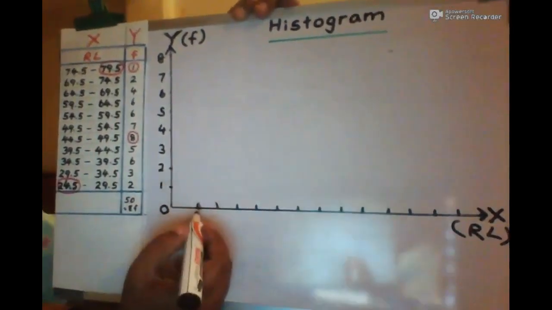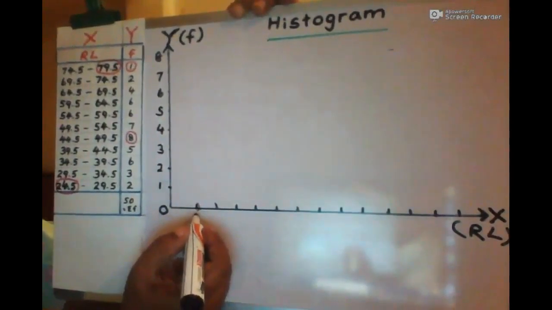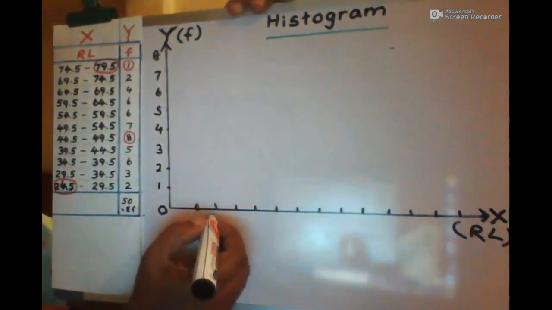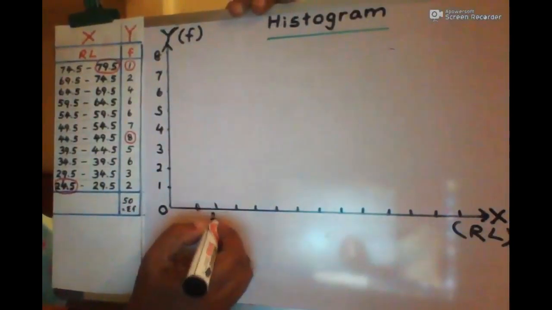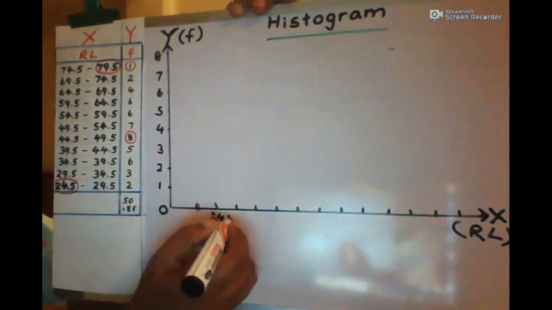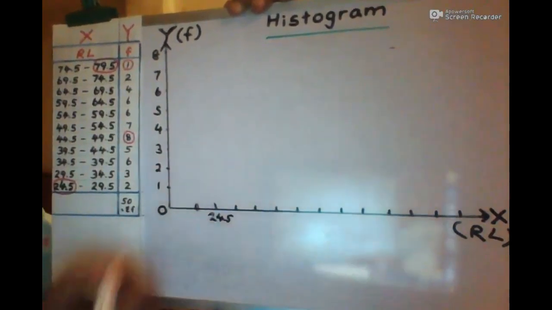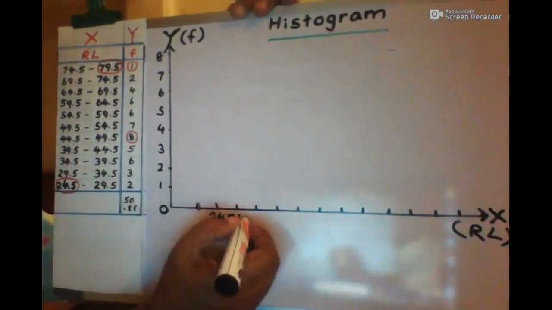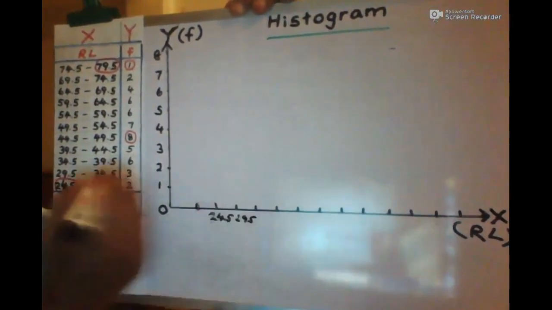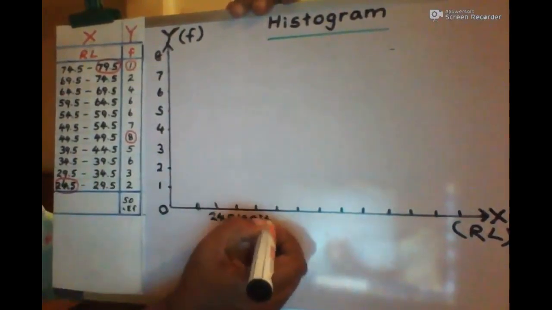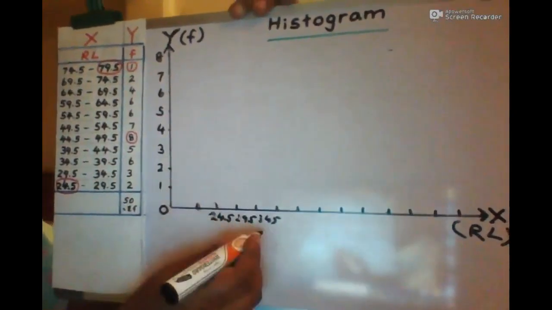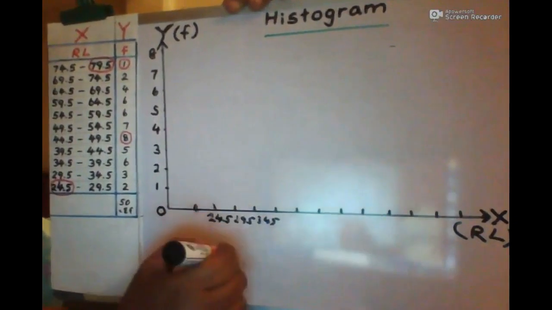Now don't put 24.5 here, that's our extra value. The next one, 24.5. Next one, 29.5. Next, 34.5. You can write this way or you can write this way.